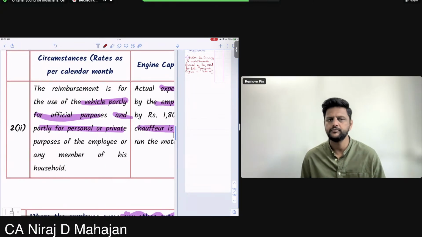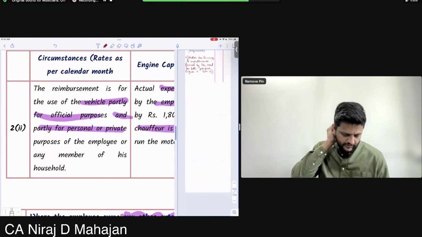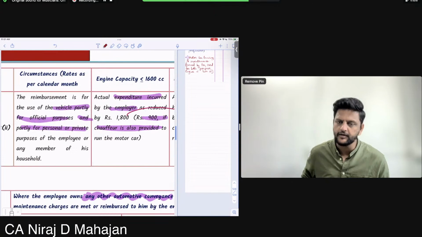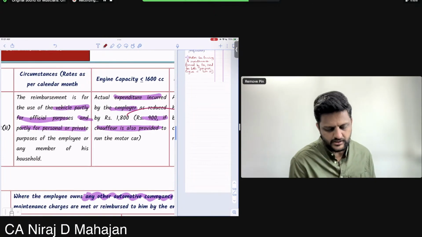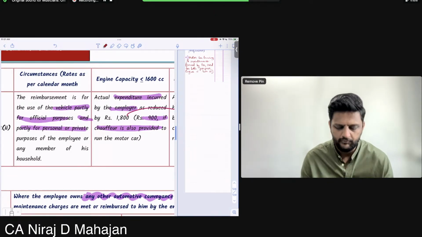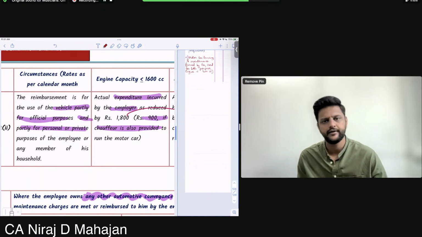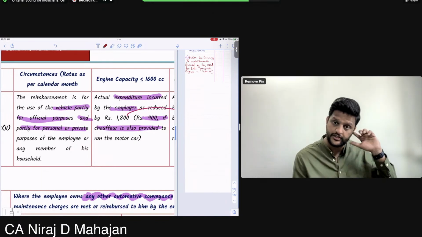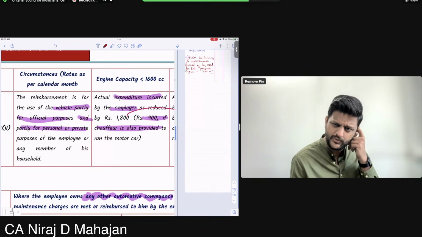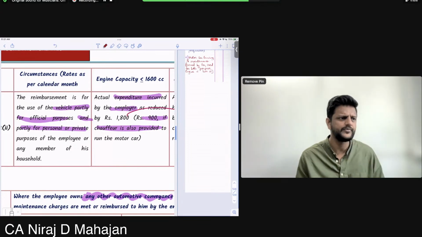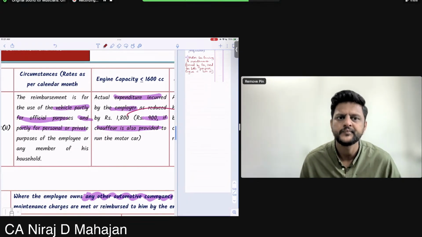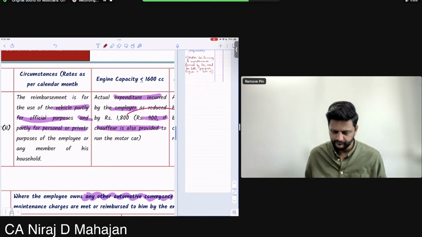It is used for both purposes, official as well as private. Small car. So actual expenditure incurred by the employer minus 1800. But if there is also a driver, then 900 plus we will add over there. But it is given in the question that it is owned by the employee as well as driven by the employee. So there is no chauffeur or driver. So what is the perquisite?